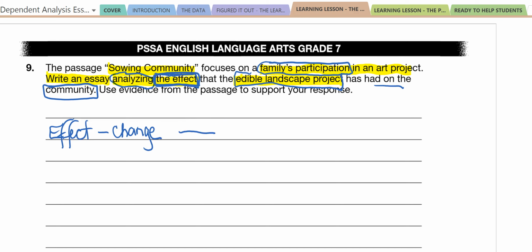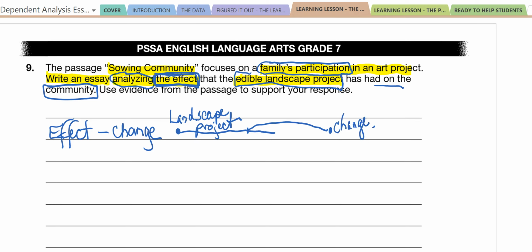So when we're reading the story, something happened here called the landscape project. And it had some kind of an effect. People were here, and it's moved them to be here. So it's had some kind of a change, or an impact, or an effect.